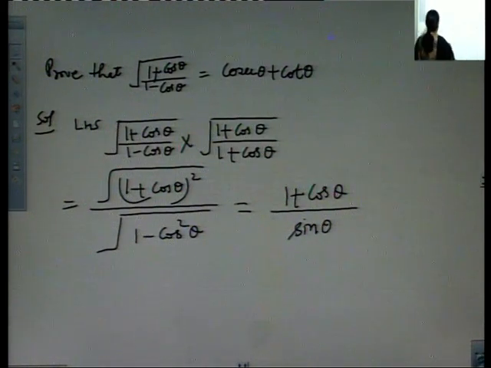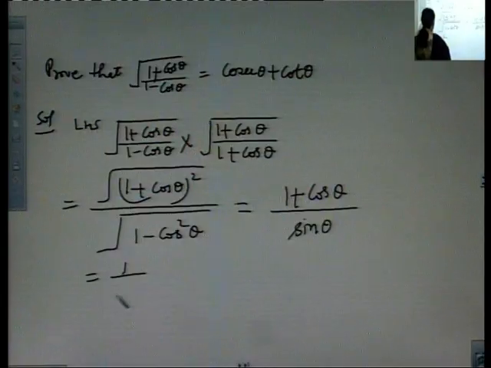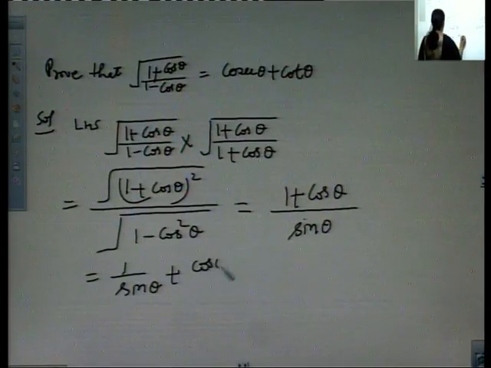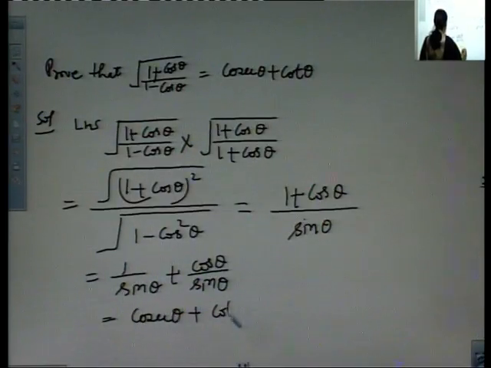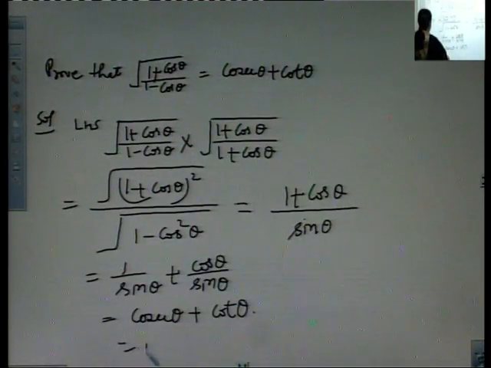So, we get 1 upon sin theta plus cos theta upon sin theta. 1 upon sin theta is cosecant theta, and cos upon sin theta is cot theta, which is equal to right hand side. So, hence we have proved left hand side is equal to right hand side.